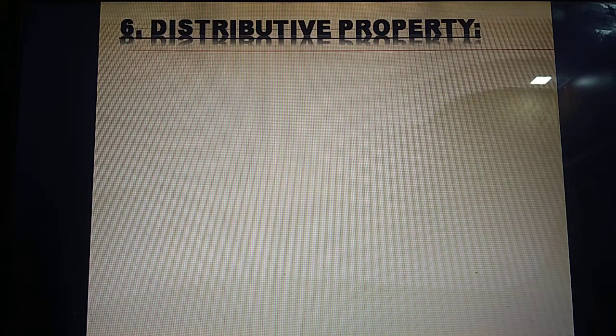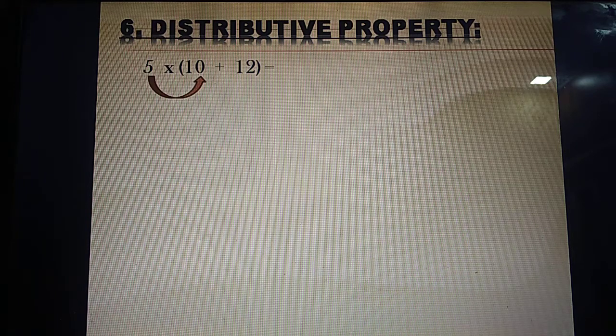Next property is the distributive property. Let's say here the sum is 5 into, in the bracket, 10 plus 12. How will you open this bracket? When you open this bracket, whatever number is outside the bracket, you will multiply it to each and every term inside the bracket.